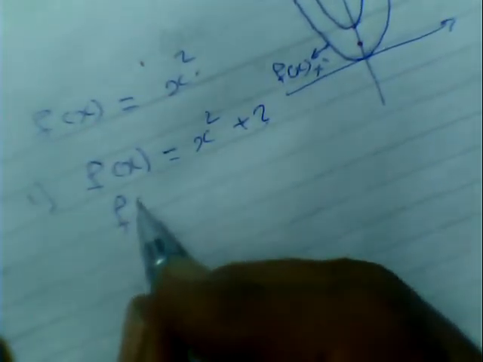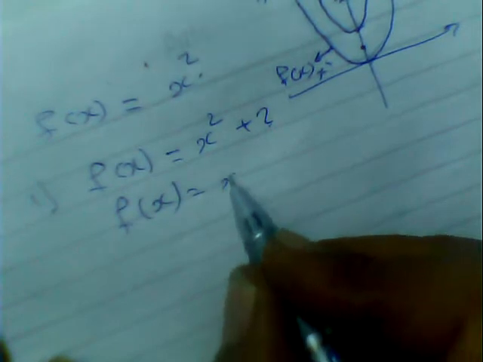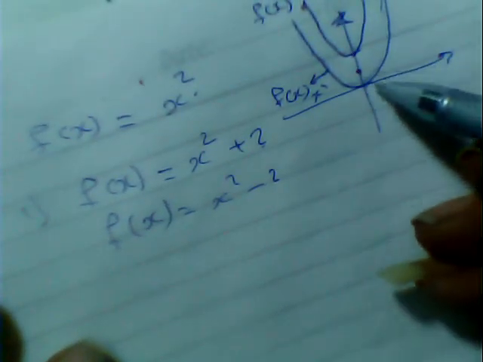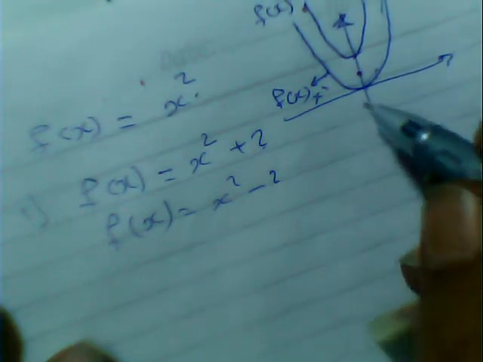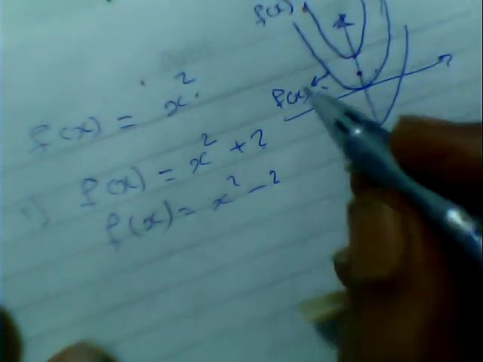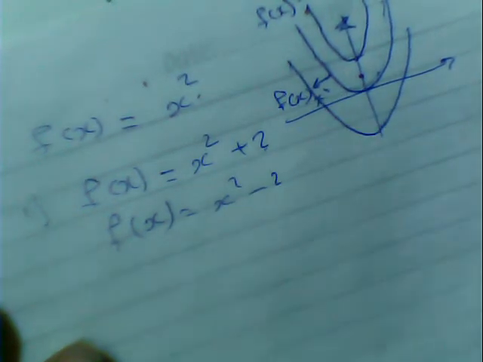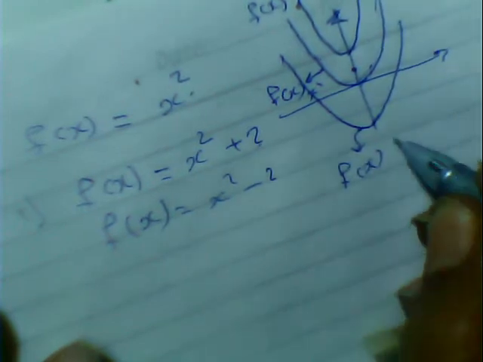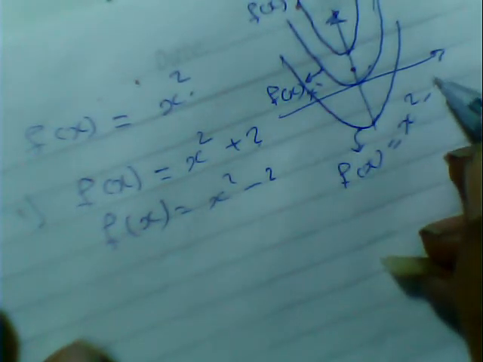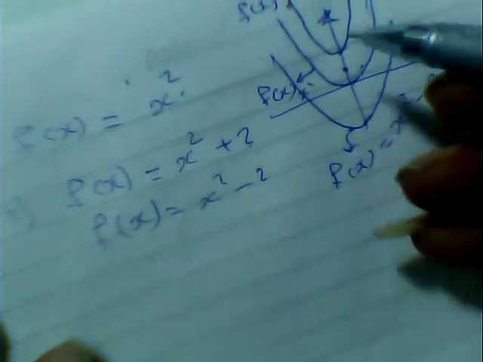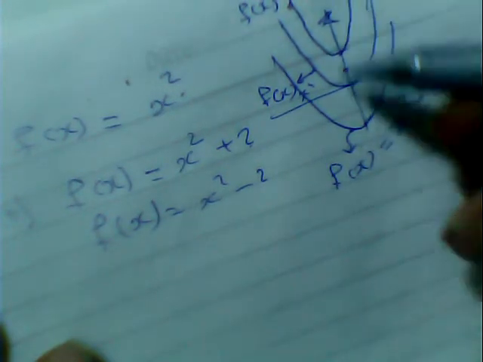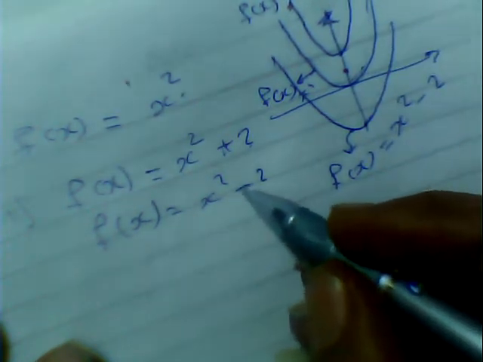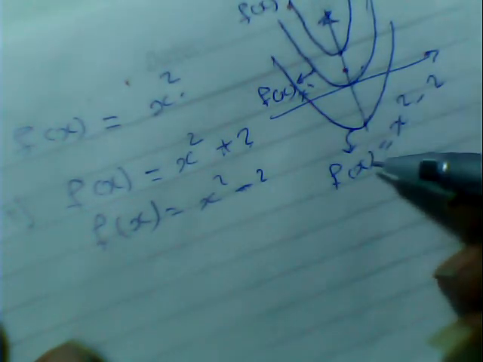Then how can we draw f of x equals x squared minus 2? Move down 2 steps, coming down like this. So for plus, it moves up; if negative, minus, then it comes down.